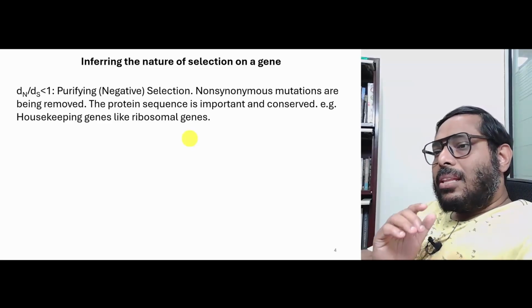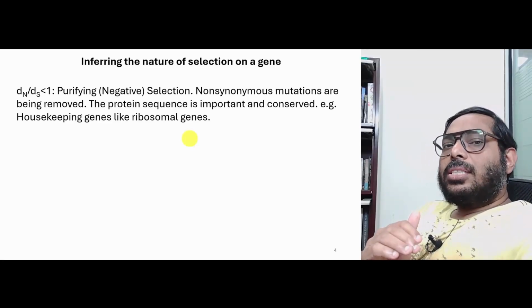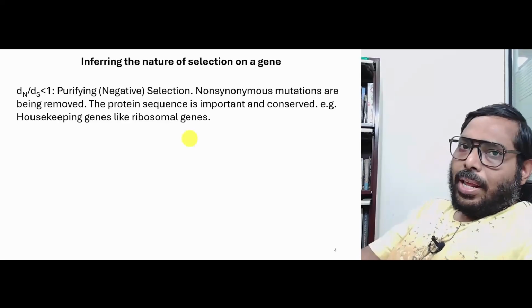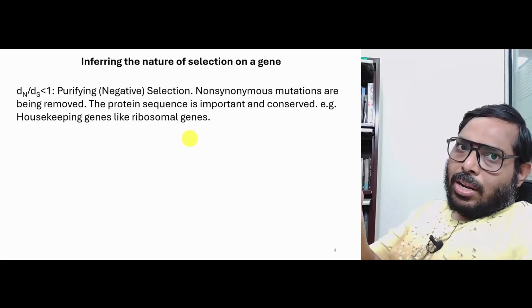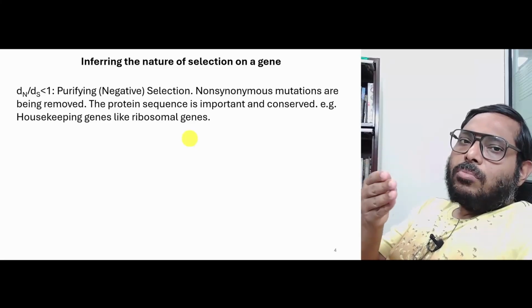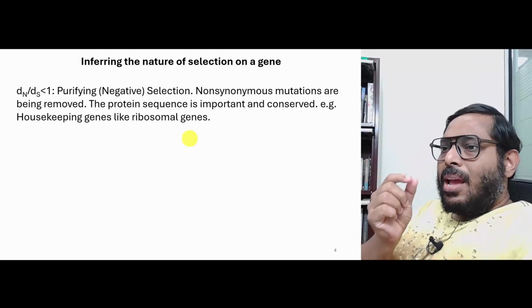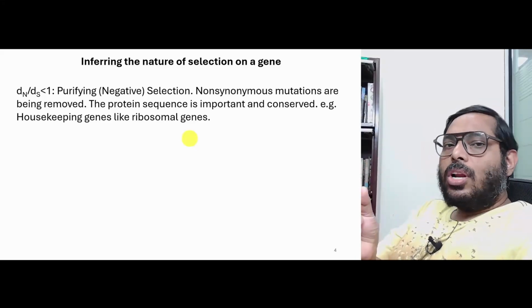That means that there is a purifying selection or negative selection happening. Why? Because dN/dS is less than 1, which means that non-synonymous mutations are happening much less compared to synonymous mutations.